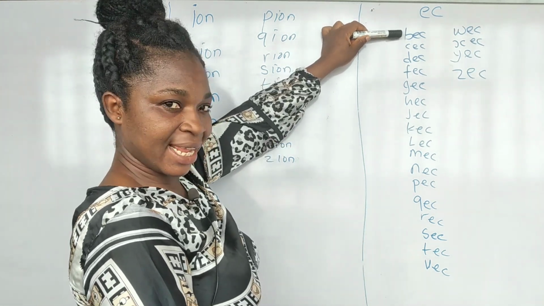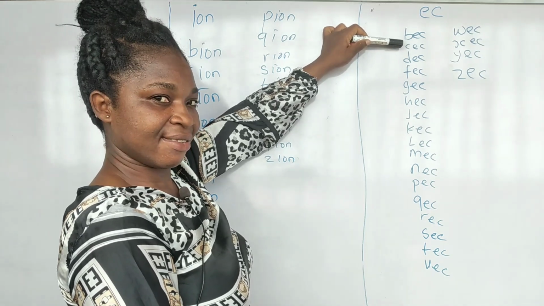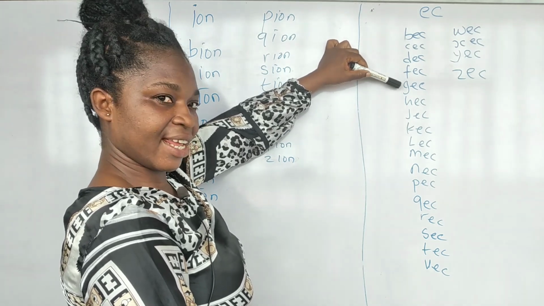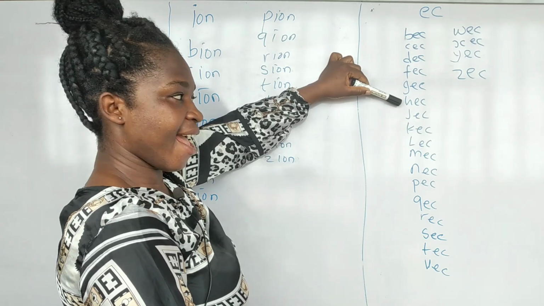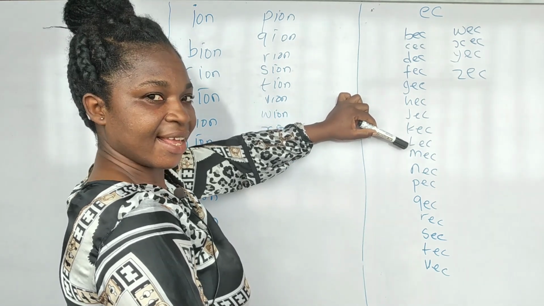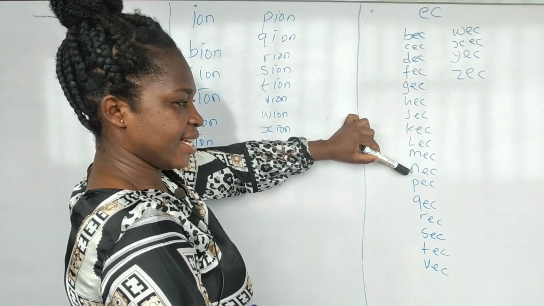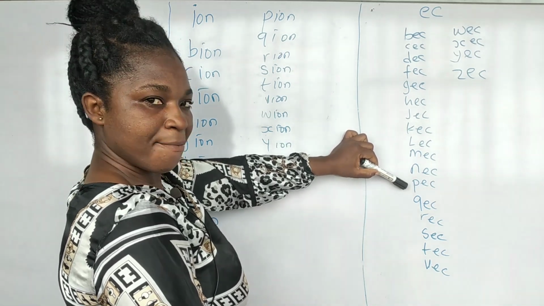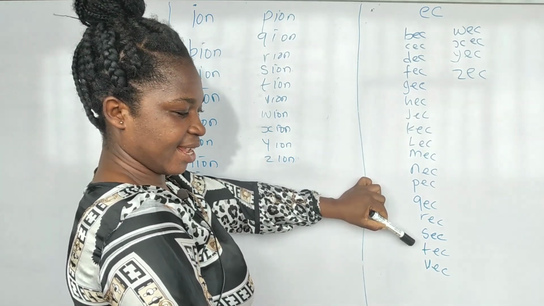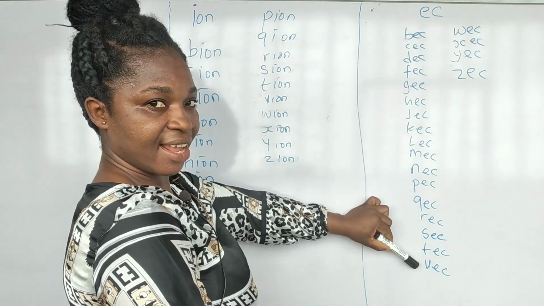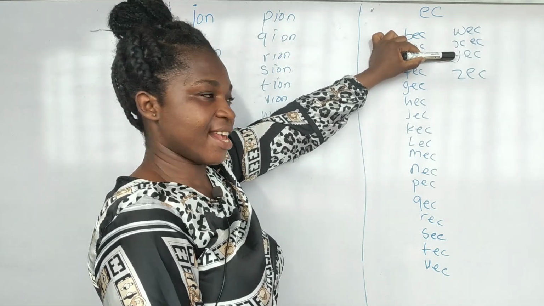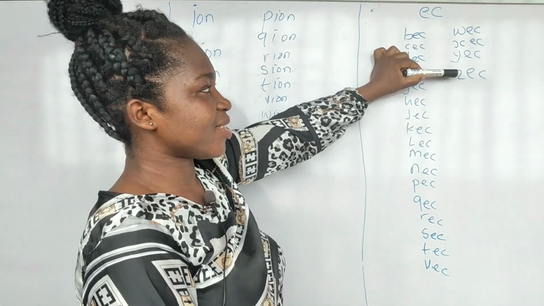We have beck, sec, deck, feck, geck, heck, jack, keck, leck, meck, neck, peck, quack, wreck, sec, tech, vec, wek, zek, yek, zek. Okay, so this is what it is.